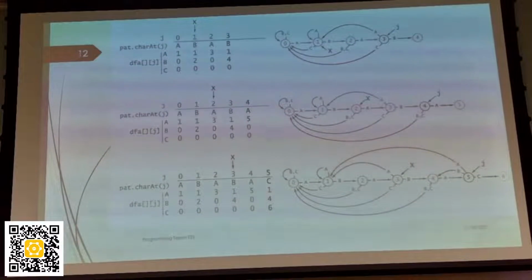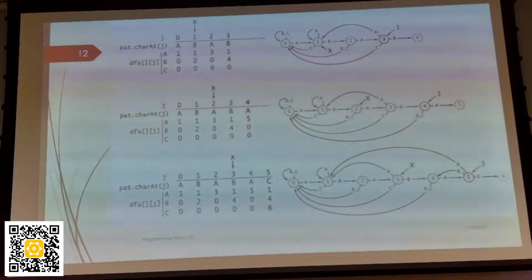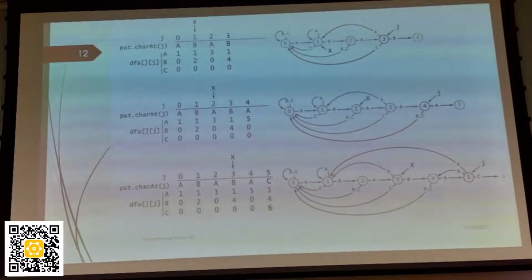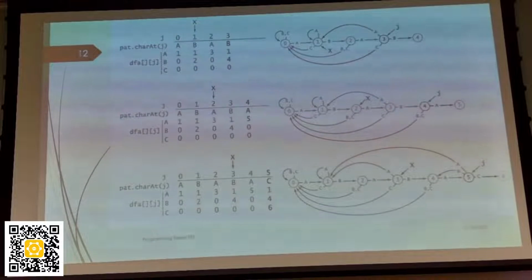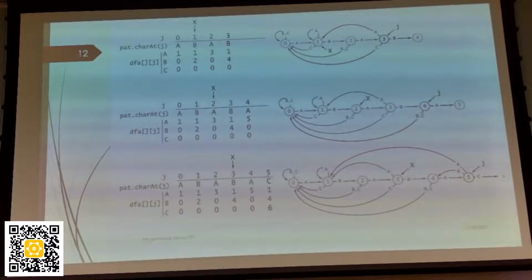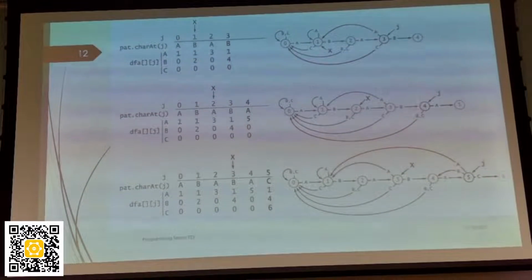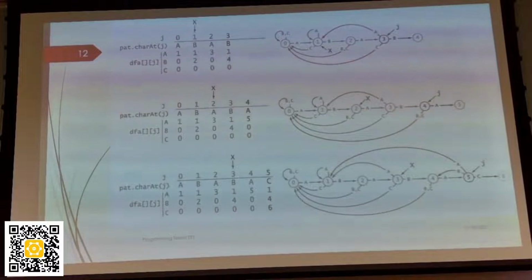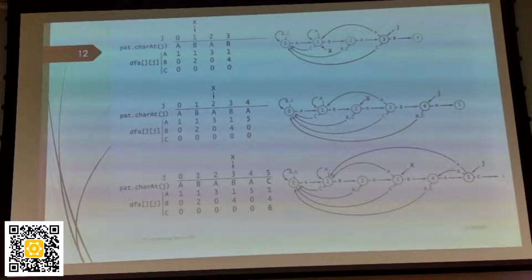Because if you were there and if you see an A, it tells you how much of it has been matched at that point. That's what you should carry over. So this is the small tricky part, but now it's making sense.